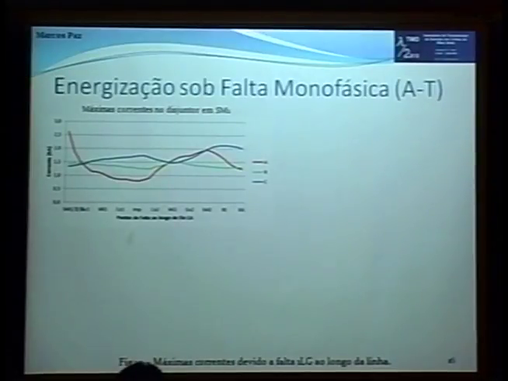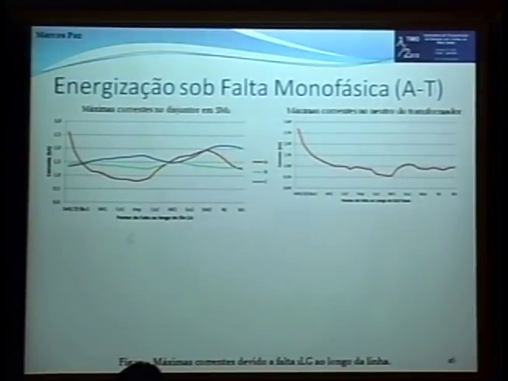before the Miracema 2 substation, it begins to rise again because it becomes closer to the resonance point of the line. So currents begin to rise from this point on.